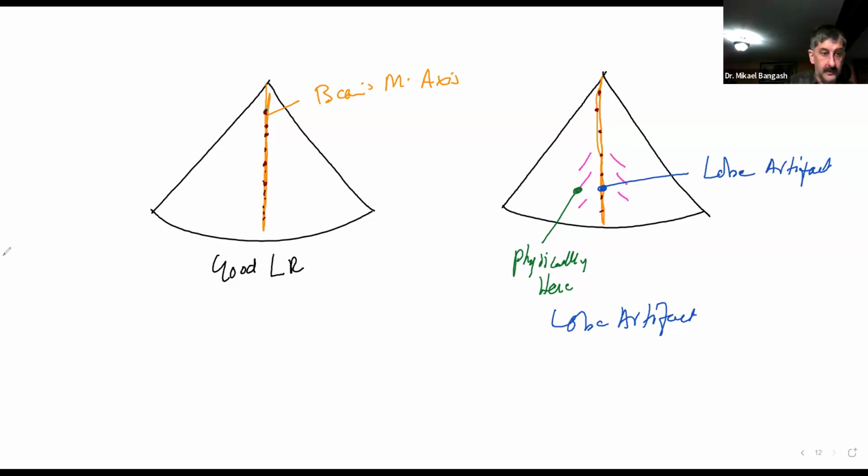You can even say, what if we had a structure which physically is here at this point? Well, guys, it would also appear here, and would also be a lobe artifact.